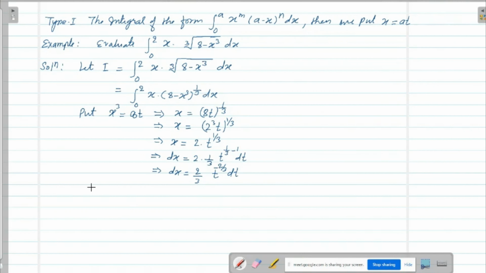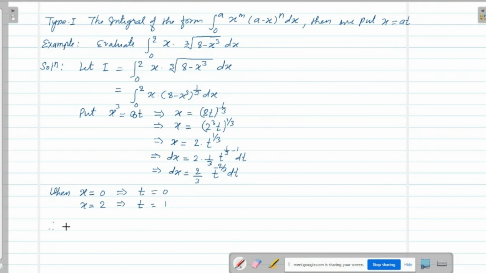Now when x equal to 2, then 2 cubed, that is 8, so t cubed equal to 8 and t equal to 1. Now substitute all these values over here.